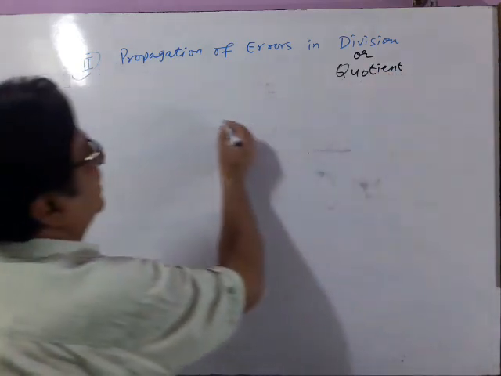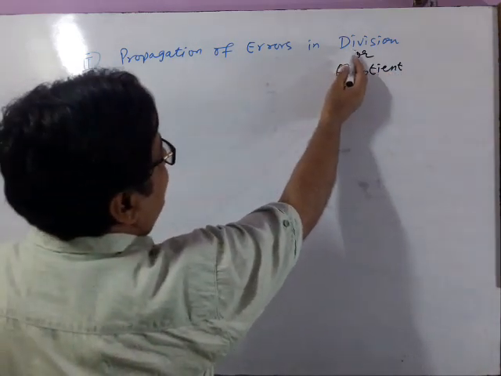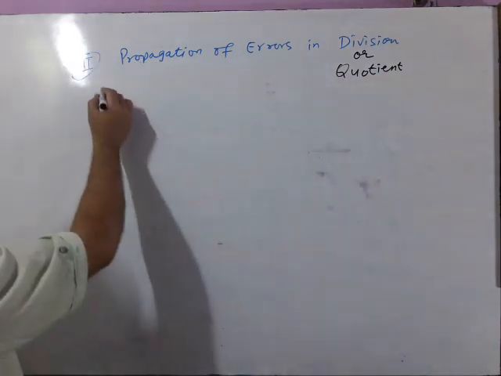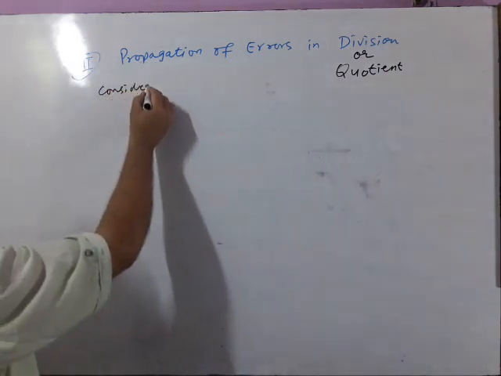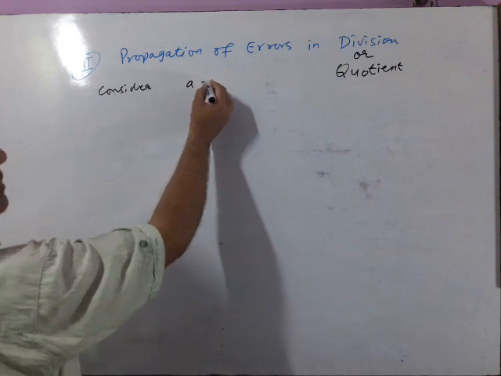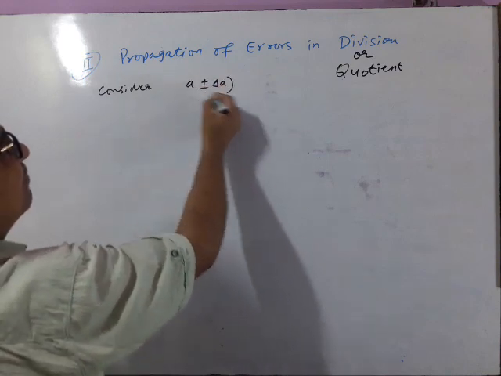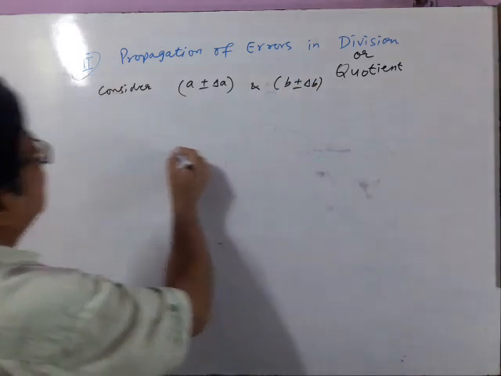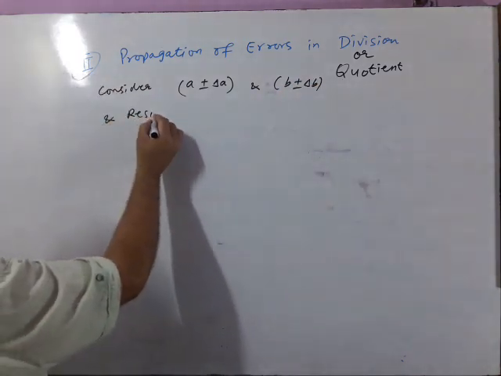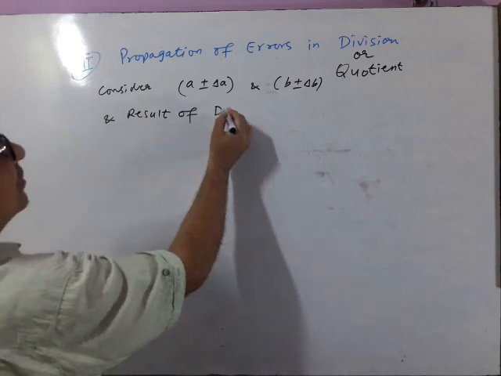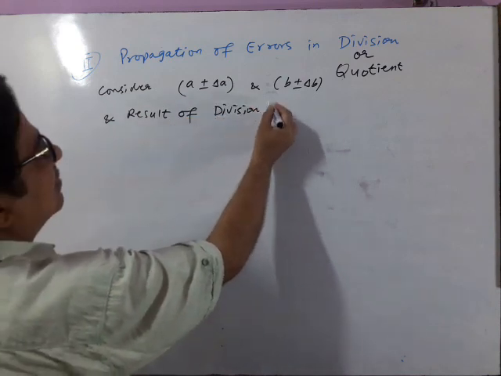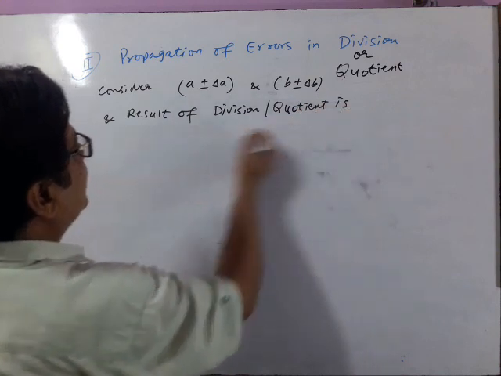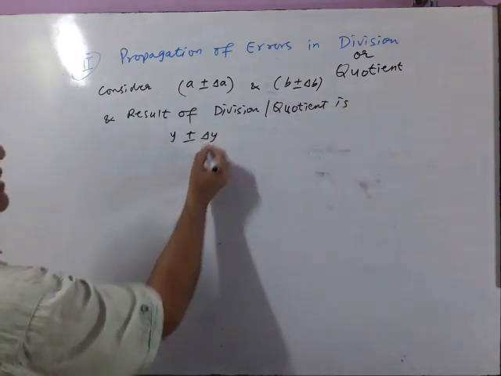You know, the question may be asked like this: propagation of errors in division or quotient. Now again, consider the first value as A plus minus delta A and another value B plus minus delta B, and the result of division or quotient is y plus minus delta y.